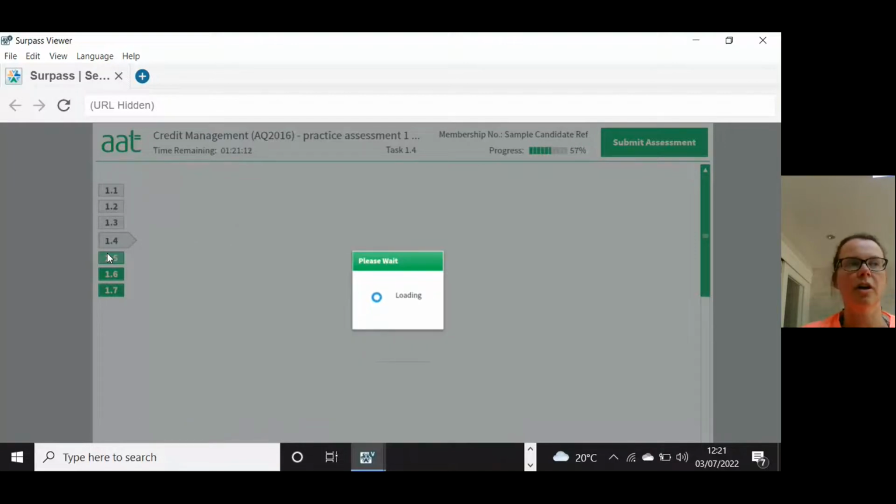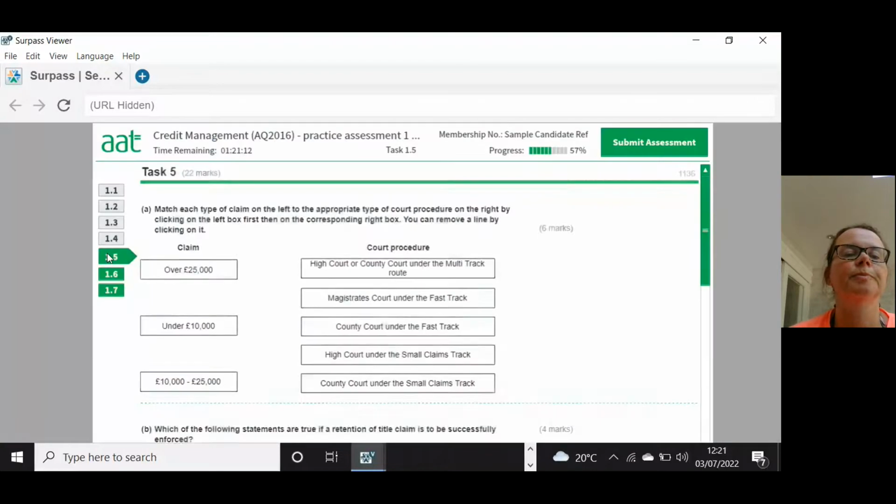Okay, on to task 5. Match each type of claim on the left to the appropriate type of court procedure on the right by clicking on the left box first and then on the corresponding right box. Right. Okay, so over £25,000 is the multi-track. It can be either the High Court or the County Court. The County Court is less important than the High Court.